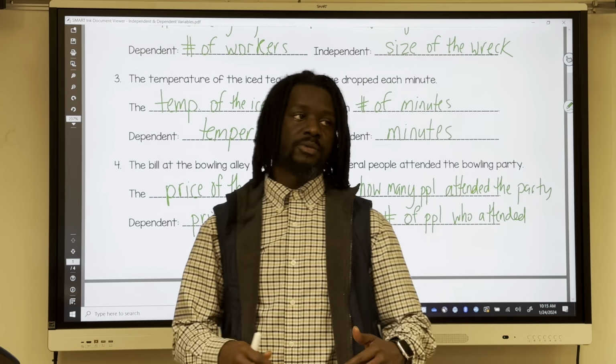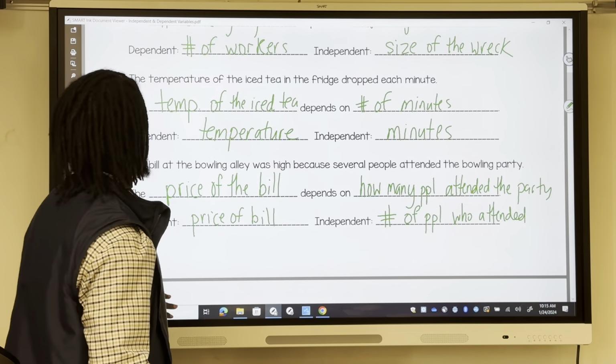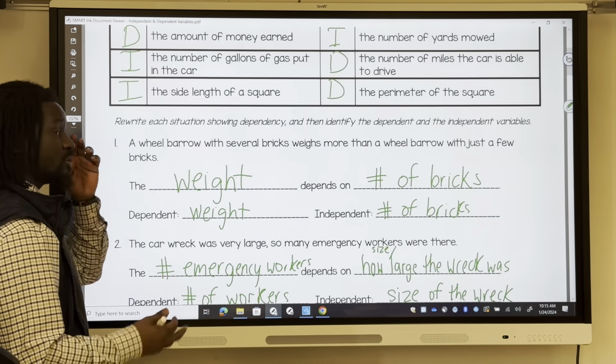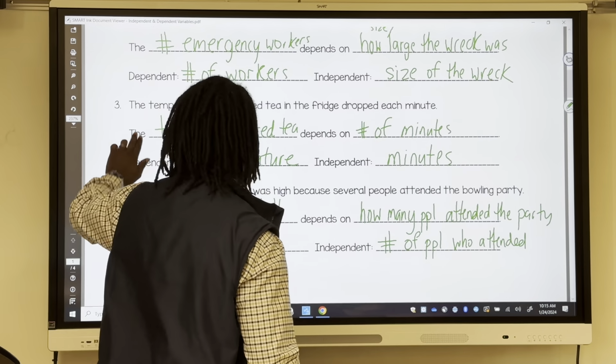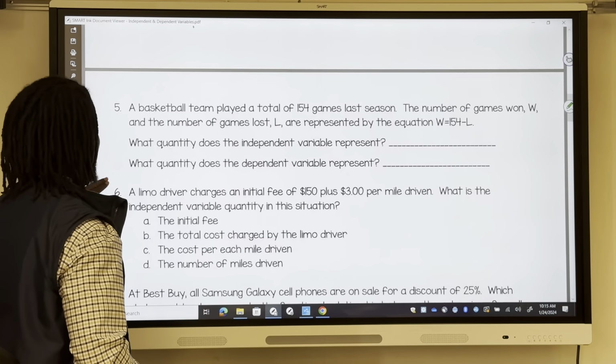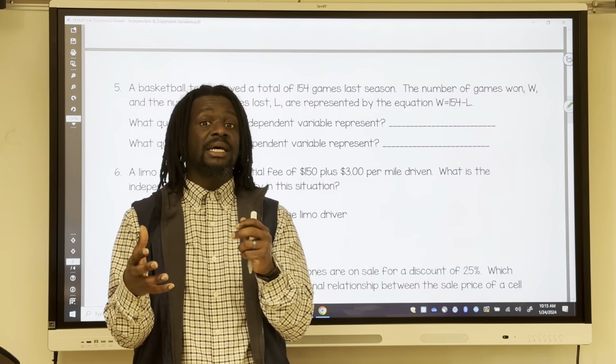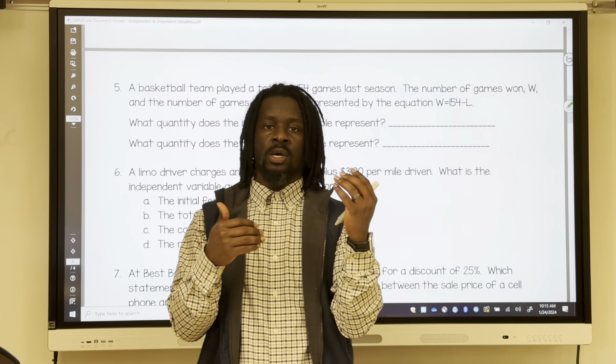Now, what we've done so far is show the relationship between the independent and the dependent variable. The last 5 or 6 problems just continue to do the same thing, but give it to you in different formats.